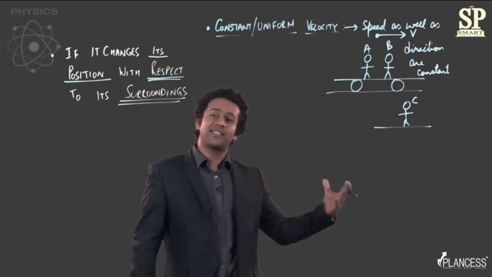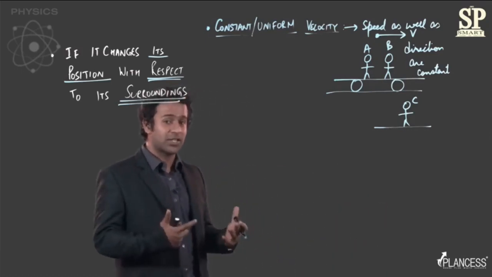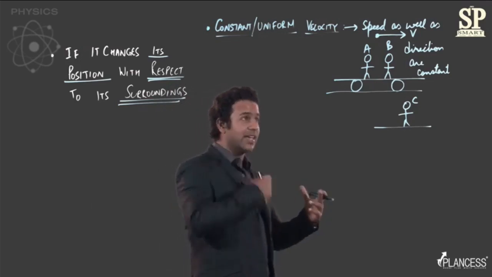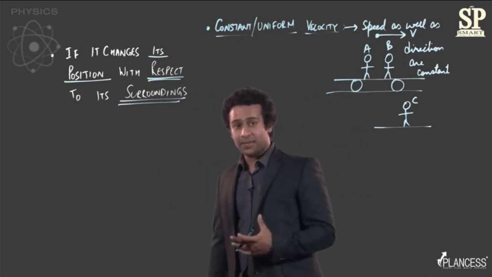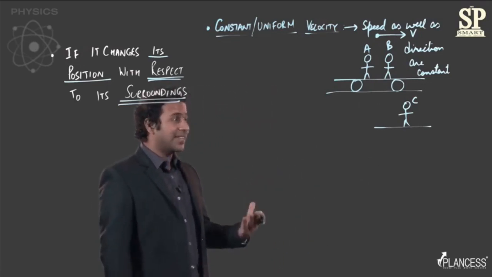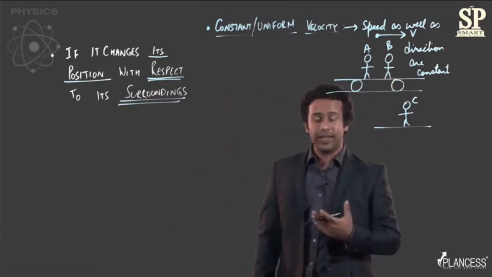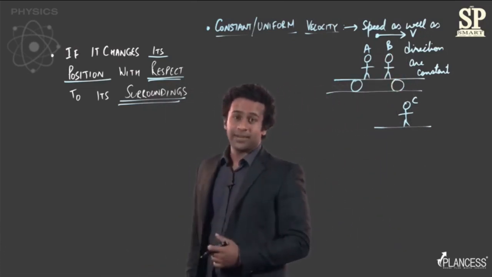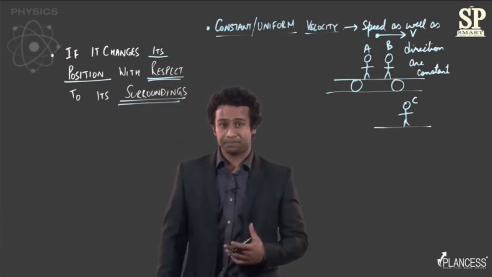You feel as if he's sitting next to you and he's stationary, although the bus is moving. The same is the case here. When A looks at B, he says that B is at rest. But C, who's standing on the ground, says that he can clearly see that B is moving with a speed V. So who's correct? Well, it so happens that both of them are correct.